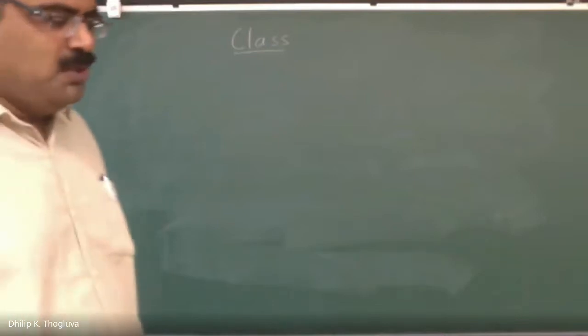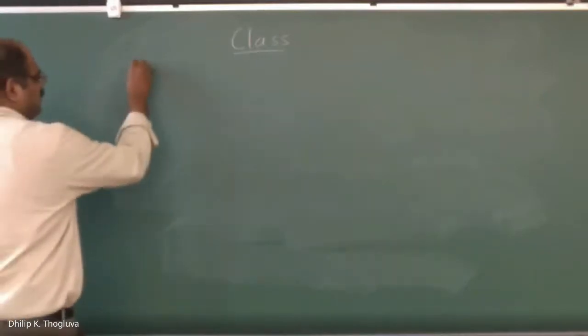It could be equal to the number of elements of the group, or it could be less than that. Okay, so there are also 4 properties or rules for a class.